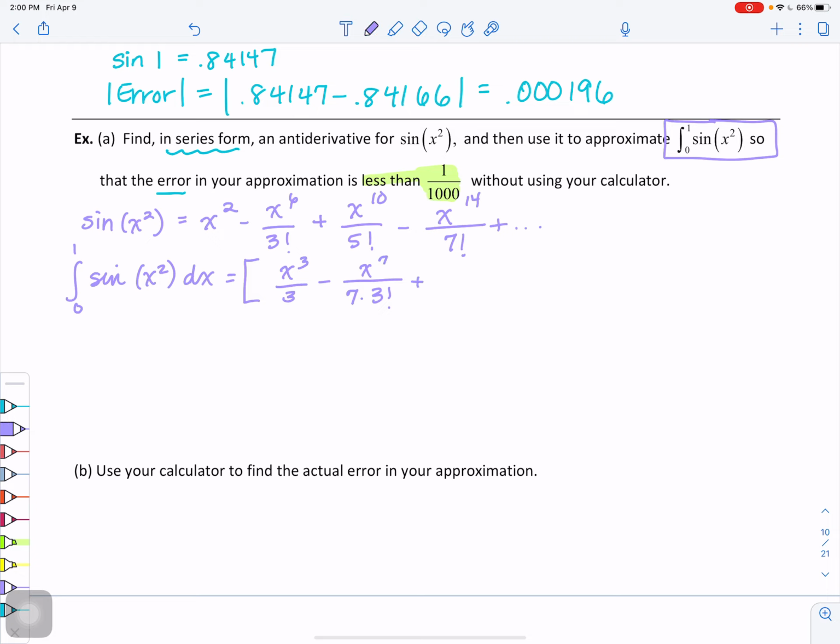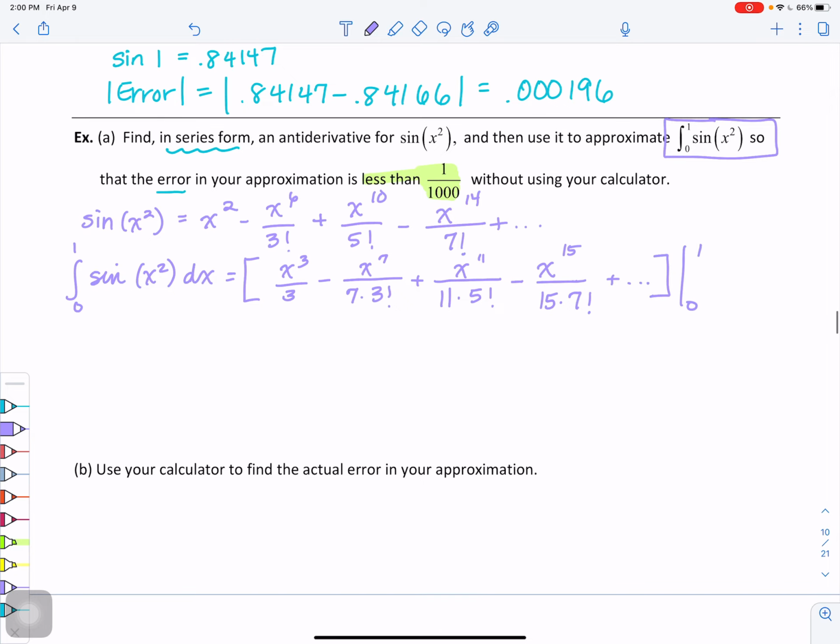And then let's leave that 5 factorial alone. And we have x to the 11th divided by 11 minus x to the 15th divided by 15 times 7 factorial, and so forth. And we are going to evaluate that between 0 and 1. Now, that's just equal to 1/3 minus 1 over, and this is a good time to put 42. 7 times 3 factorial is 42.